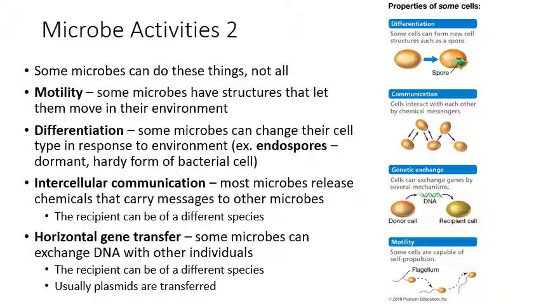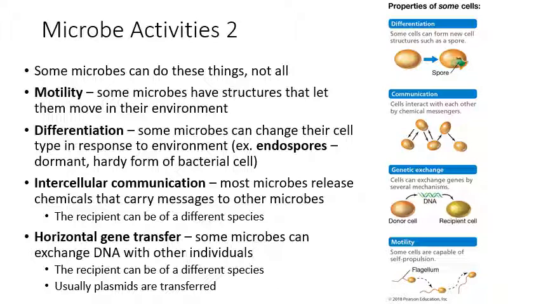But in horizontal gene transfer, you have one individual giving a gene or several genes to another individual that's near it. Could be the same species, could even be a different species. So microbes can exchange genes with each other this way. Usually, specifically, it's some type of gene that's on a plasmid. So usually when they're doing this, what they're actually doing is sharing plasmids with each other. Whatever genes are on that plasmid are going to get shared.